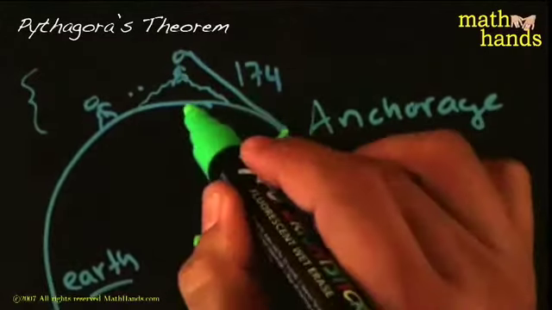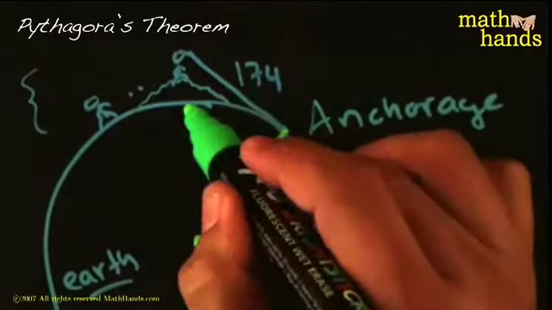I know this part right here is x plus 3.84. And I know that wherever I can see the horizon, that must make a 90-degree angle. Of course, I'm simplifying things because there might be a little hill here or whatnot, but just go with it, all right? Let's let that slide.